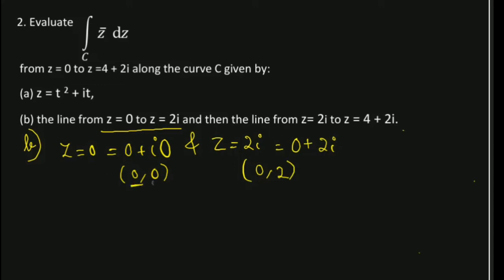Here we can see that the lower limit and the upper limit of x is constant, that is 0. So this implies x = 0 and dx = 0.